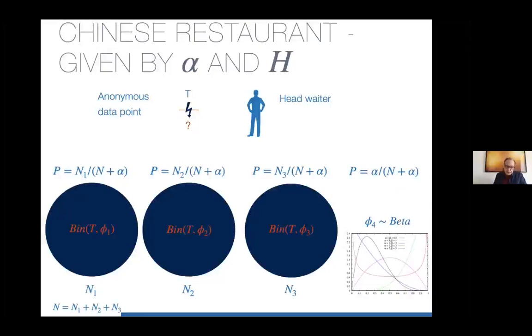Then, if the data point gets seated here, its value is picked according to a binomial distribution with parameters total number of reads and this phi parameter. And the phi parameter is decided when a new table is opened. So when the new table is opened, the phi value is sampled from a beta distribution, which means that the distributions we have at the tables are beta binomial distributions.